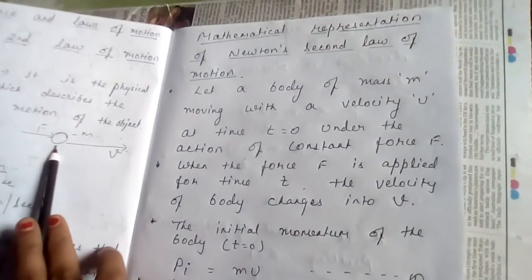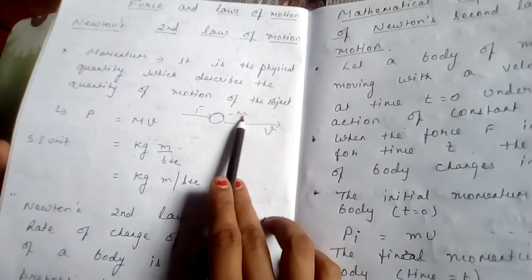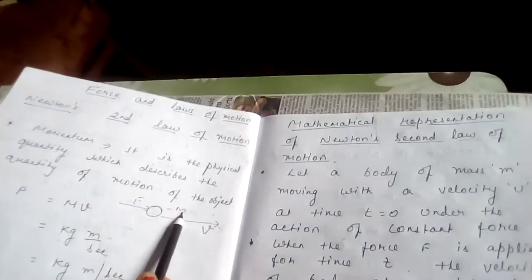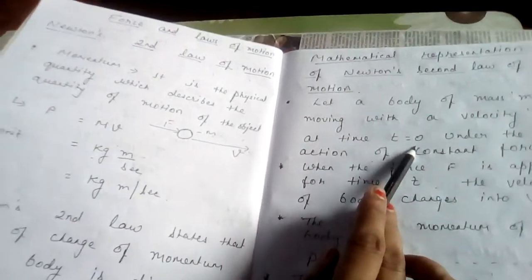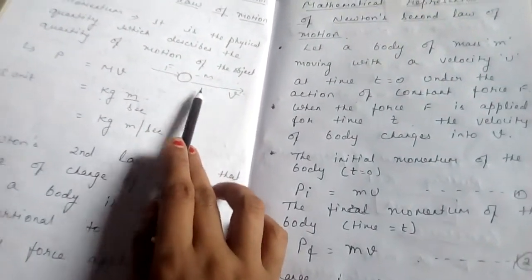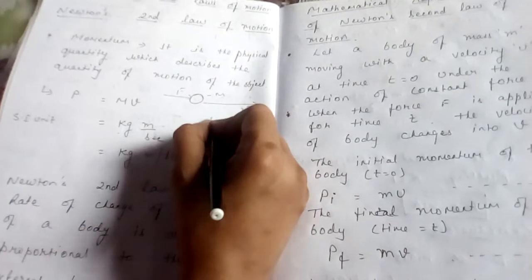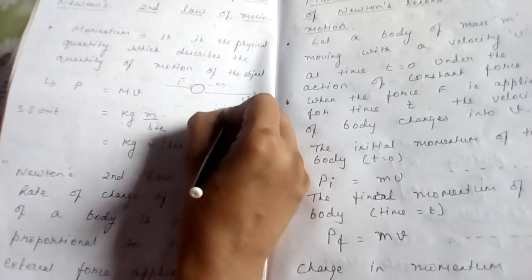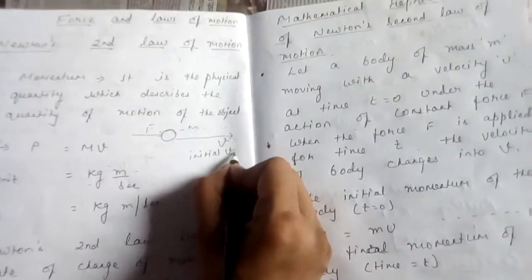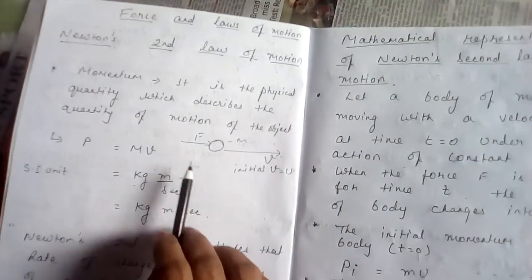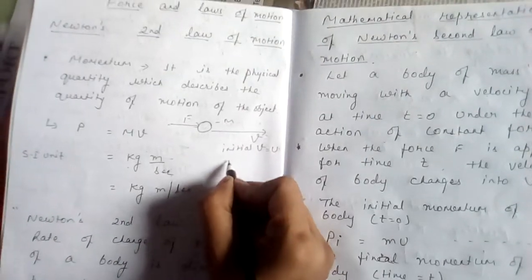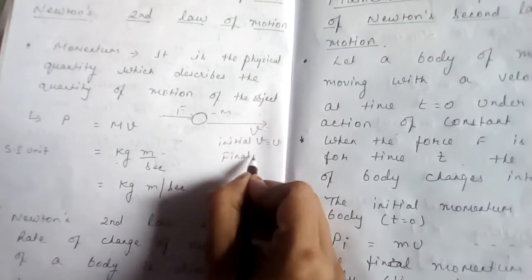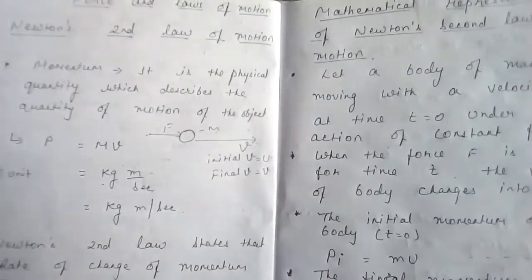Here only I have shown you, let a body of mass m, at time t equal to 0, be moving with initial velocity u. When force is applied on this body, at time t, its final velocity is equal to v.